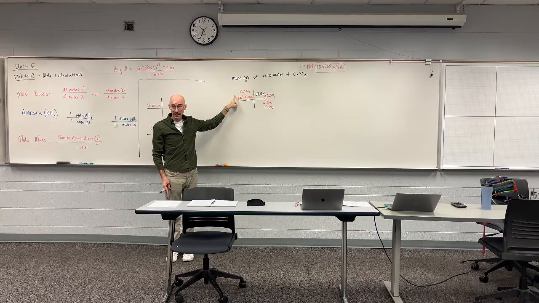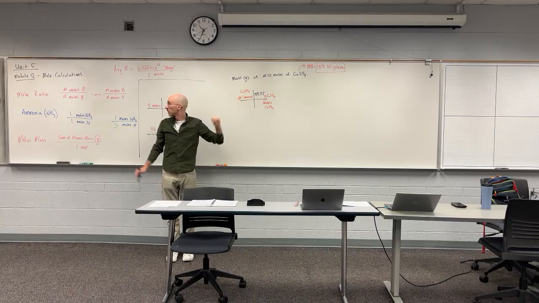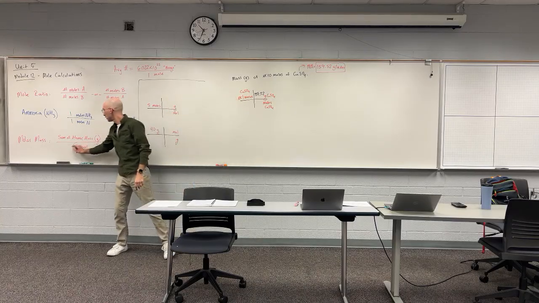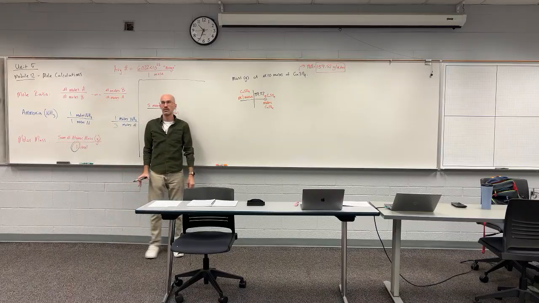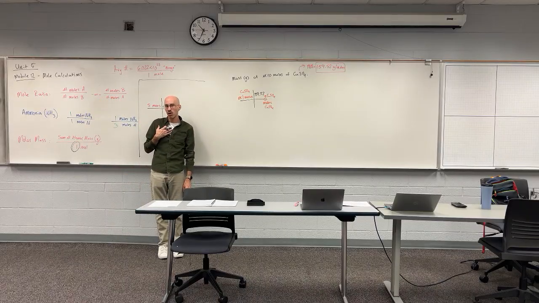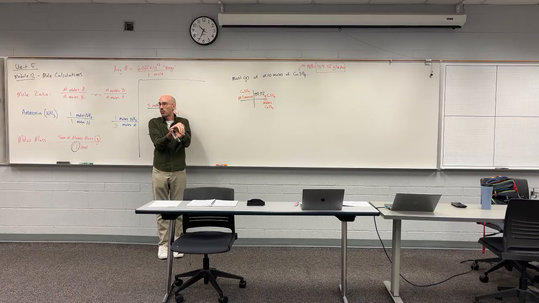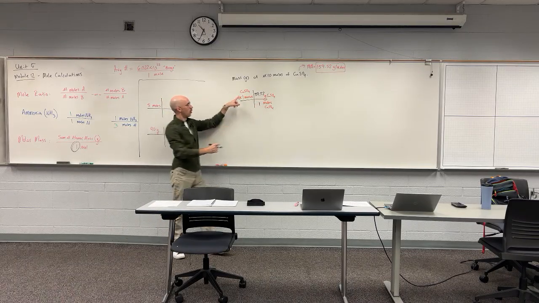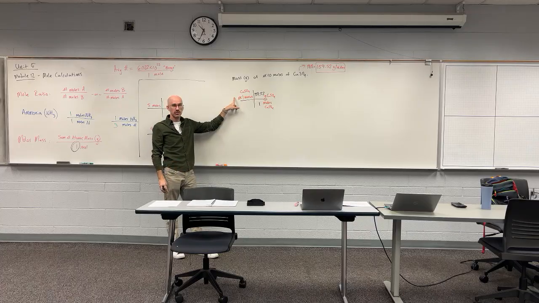No, if you added it up from the periodic table, then you are assuming 1 mole. Okay, do I have 1 mole? No, this is the conversion. If I had 1 mole, this is how much it would weigh. But I don't have 1 mole, I have 0.1 moles.